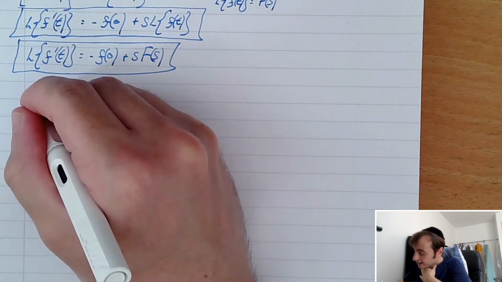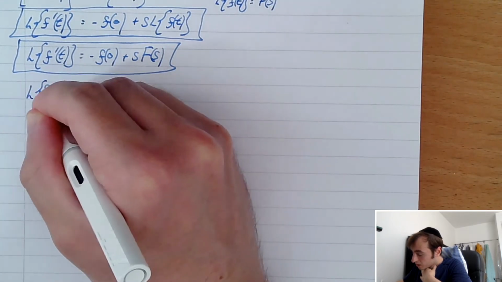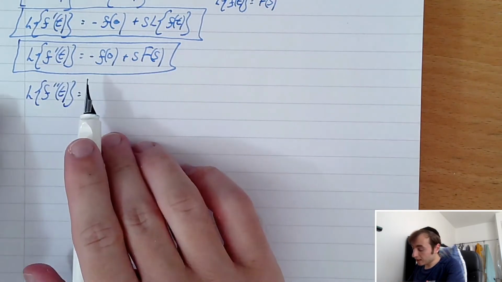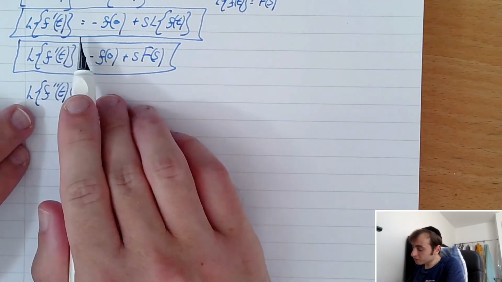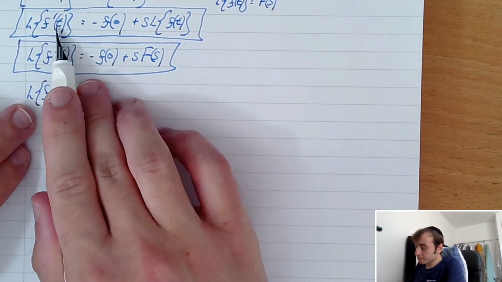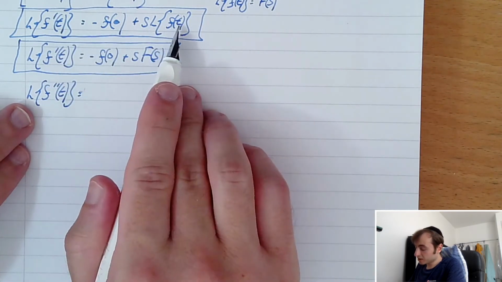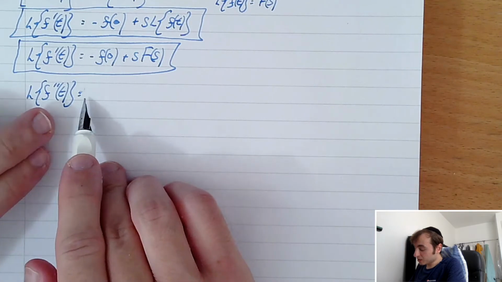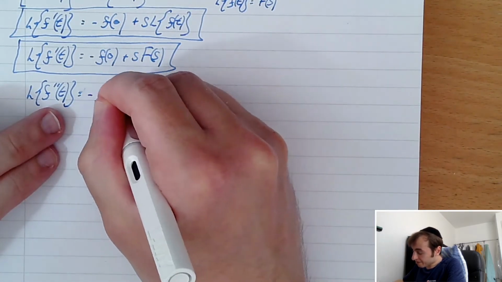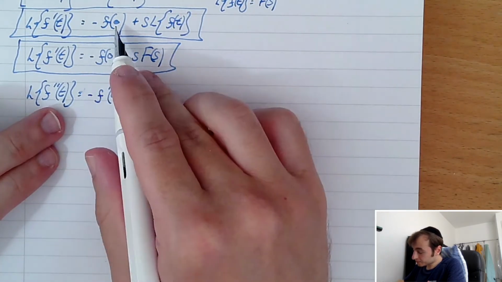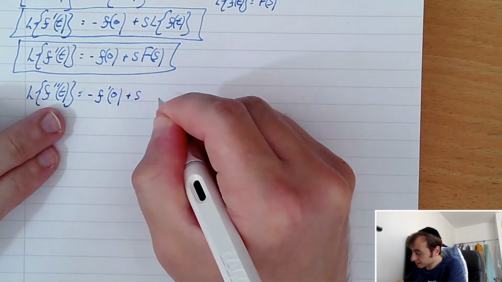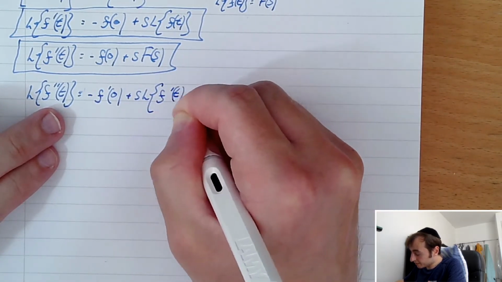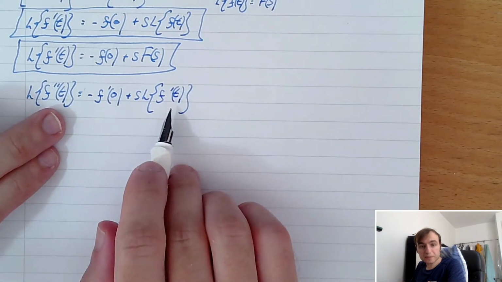So now let's say the Laplace transform of f double prime t is going to equal, well, what I'm going to do is replace f prime t over here in this box with f double prime t. So we've got minus f prime 0 plus s times the Laplace transform of f prime t. Did you follow that from here?